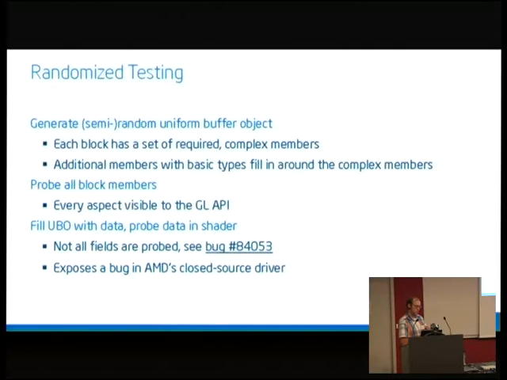What the offset is, what the type is, what the array size is, stride, et cetera, and then generate a shader that will probe every one of those, or actually not quite every field.